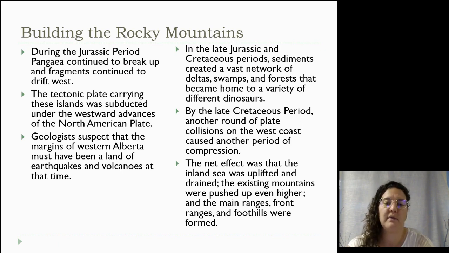Over this time, the effect was that the inland sea was uplifted, so that the ocean bottom came higher, the sea was drained, and any existing mountains were pushed up even higher than the main ranges. And then the front ranges and the foothills were formed. So this is why in the Rocky Mountains, we often find many aquatic fossils meters and meters and meters above sea level.